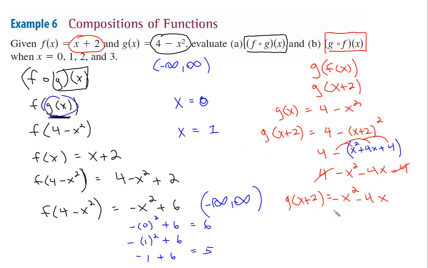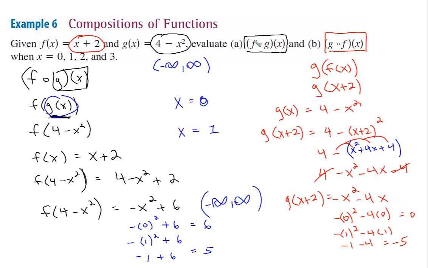So we can plug in all these values. If I need to find x equal to 0 and 1 again, if I plug in 0 here, I'm just going to get 0. And if I plug in 1, negative 1 squared minus 4 times 1, I'm going to end up with negative 1 minus 4, which is negative 5.